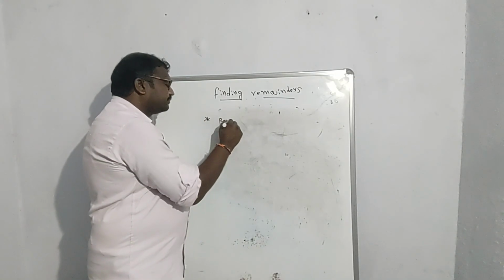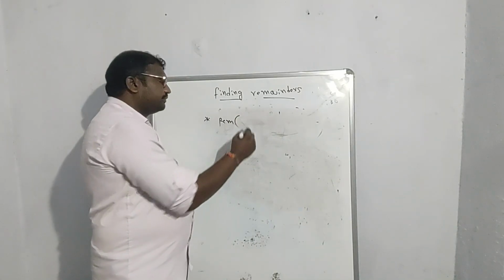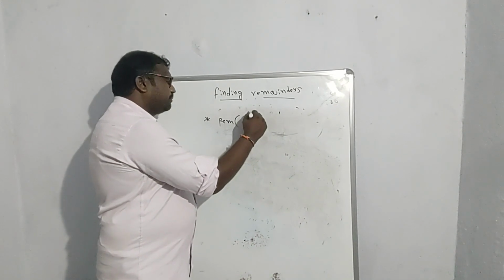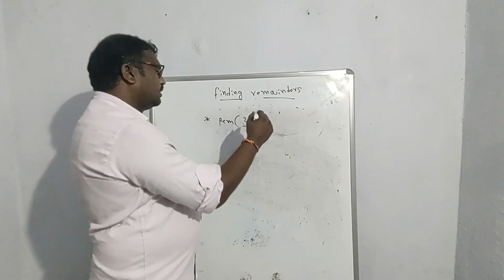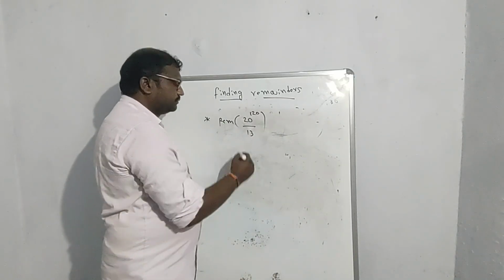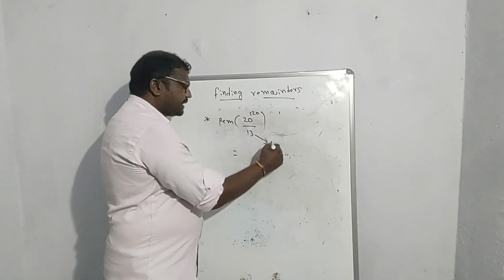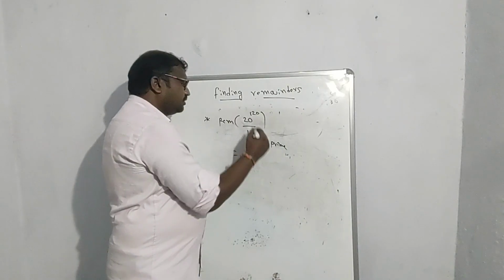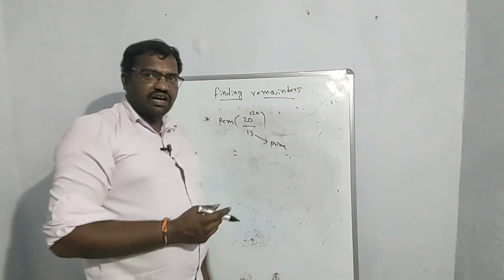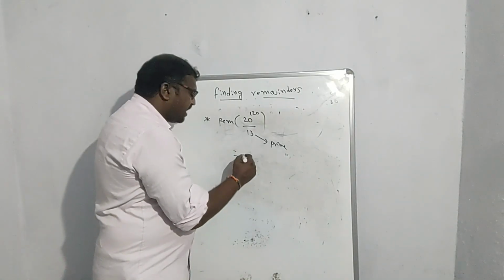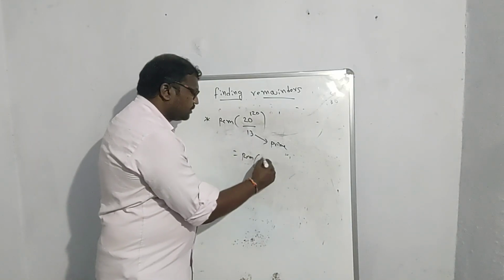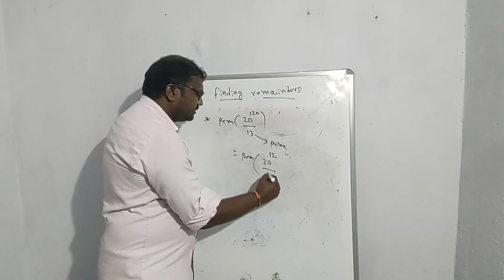Now the remainder of 20 power 120 divided by 30. According to Fermat's theorem, the divisor should be a prime number, and 20 and 30 are not prime, so I have to convert it to Fermat's theorem form. So the remainder of 20 power 12 by 13.